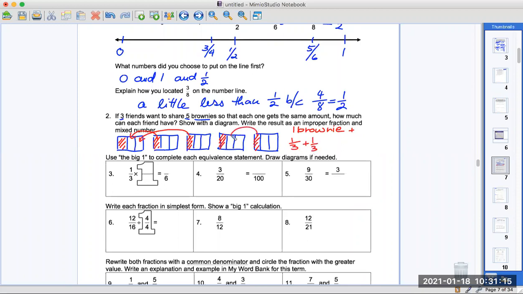So if I put that here, that would make it 2/3. So 1 brownie plus 2/3 of a brownie. So that would be 1 and 2/3 for each friend.